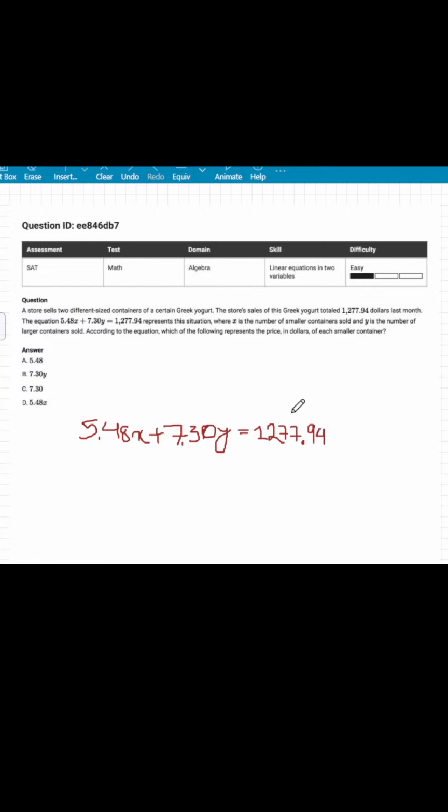This is the total sales. Since x is involved here, which is the number of smaller containers, this is the sales from smaller containers, and this 7.30y is the sales for larger containers.